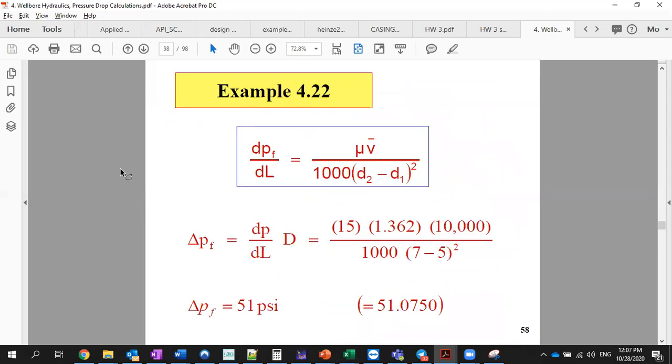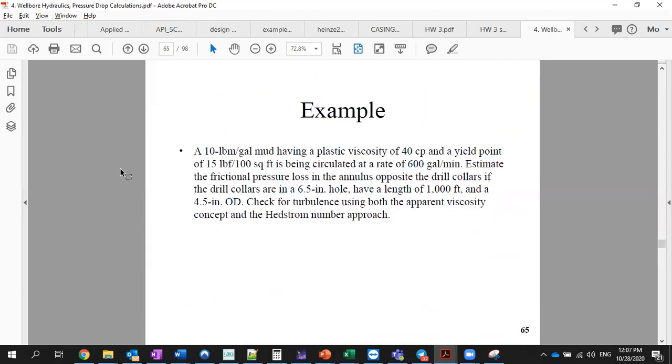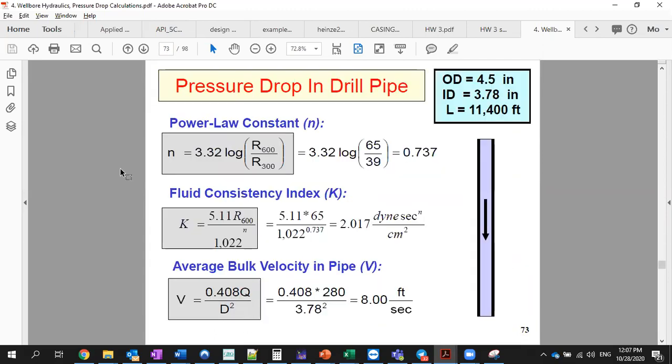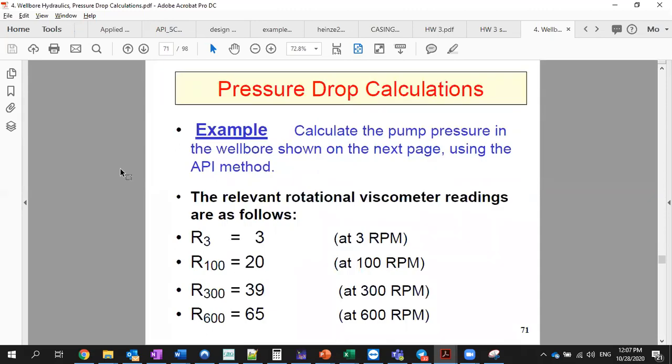Let me go to where we have everything. Maybe the power law example. The general process is the same for power law fluids and Bingham plastic. The equations though are different, right? So that is basically the case.